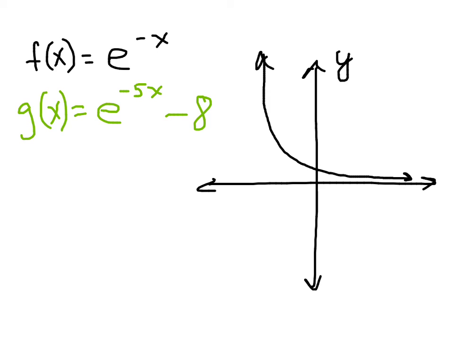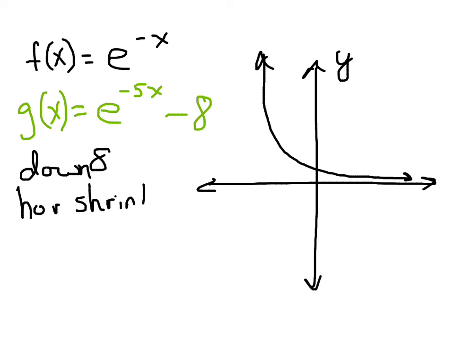On the green problem, what transformations take place? I got a down 8 for sure. And I have a horizontal shrink by 1/5. What a horizontal shrink does is it smooshes it this way, horizontally, right?